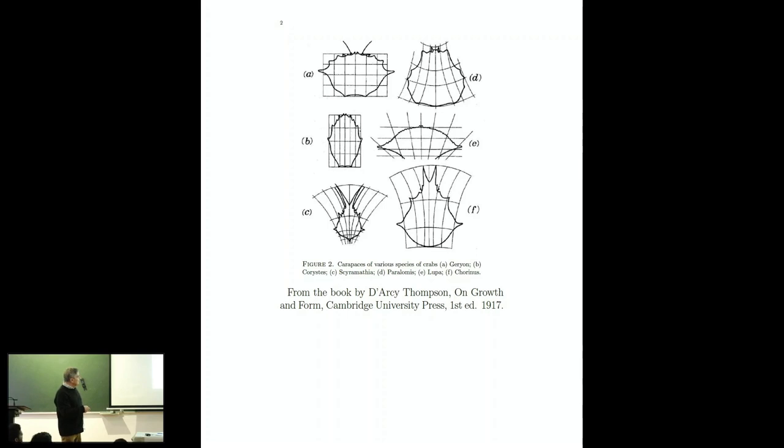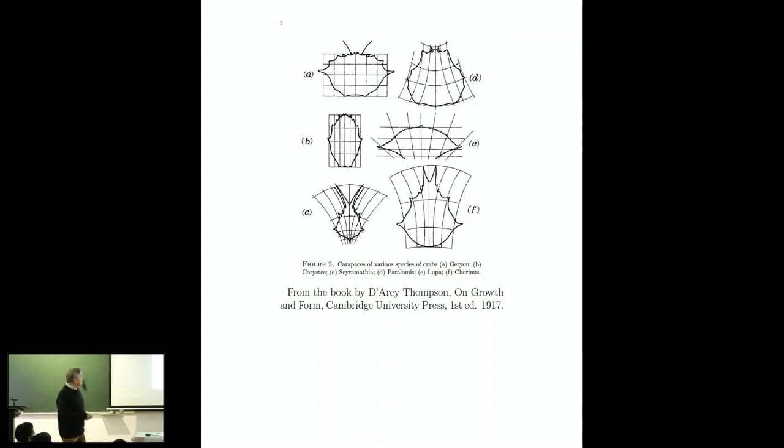It's called On Growth and Form. It has been translated into French. I don't know about Indian languages, but maybe someone here, if you are interested, can translate this book into Hindi and publish it. I think it's a very important book. If there's no translation in Hindi, and since it's from 1917, there is no more any copyright.